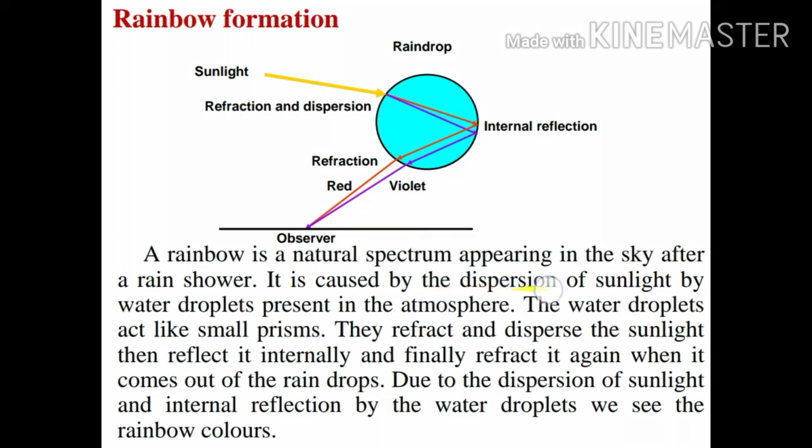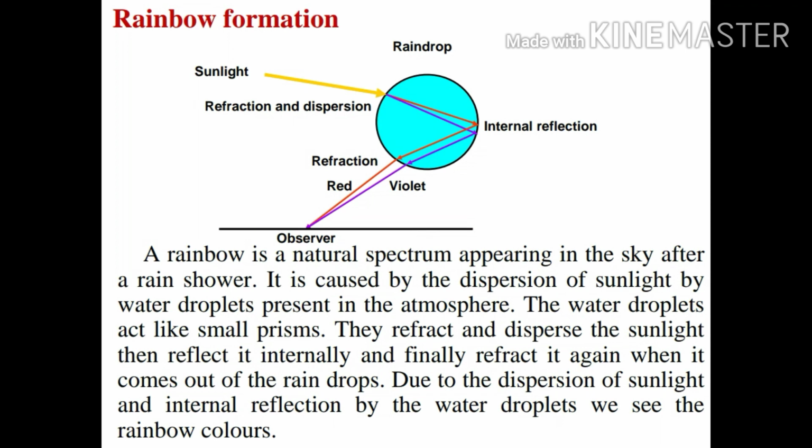It is caused by dispersion of sunlight by water droplets present in the atmosphere. The water droplets act like small prisms. They refract and disperse the sunlight, then reflect it internally and finally refract it again when it comes out of the raindrops. Due to dispersion of sunlight and internal reflection by the water droplet, we see the rainbow colors.